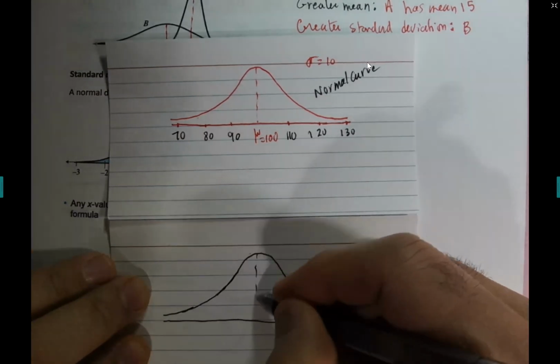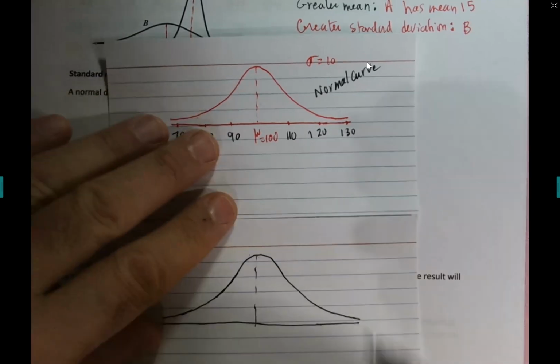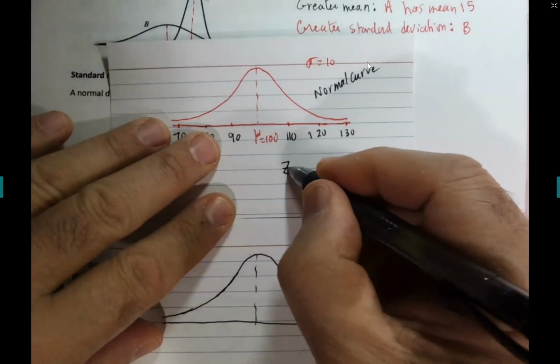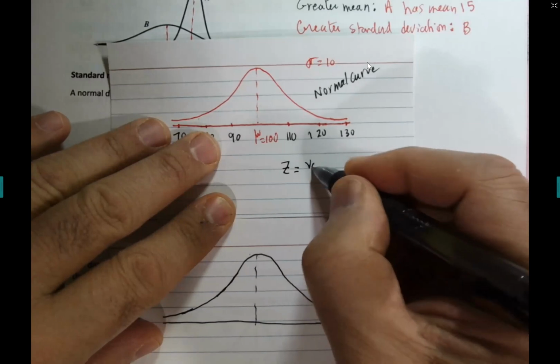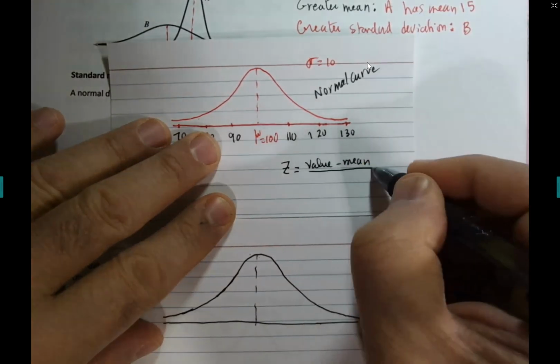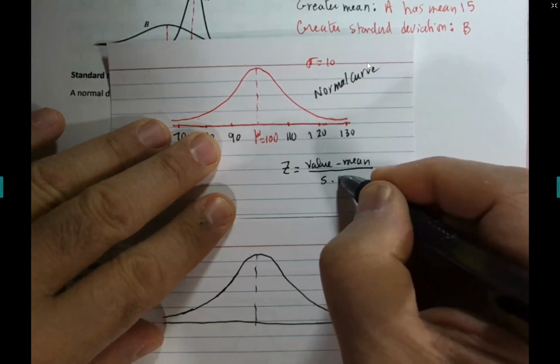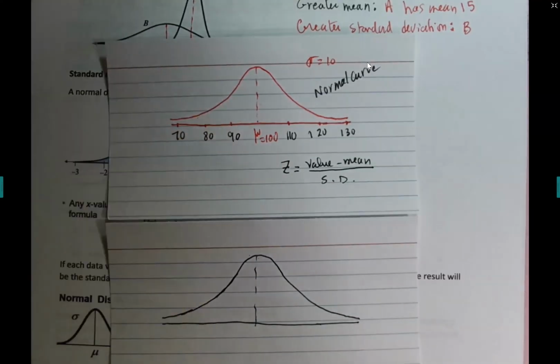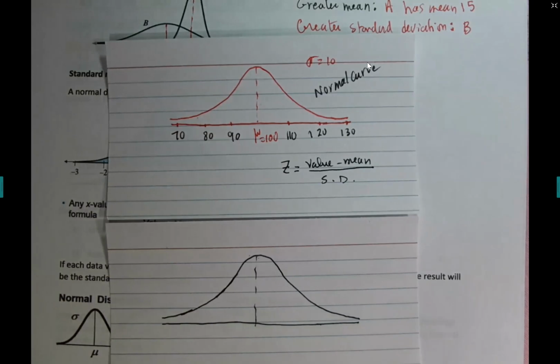There's the Z-score. The Z is value minus mean divided by standard deviation. The Z-score will tell us how many standard deviations a value deviates from the mean. How far apart is a value from the mean?